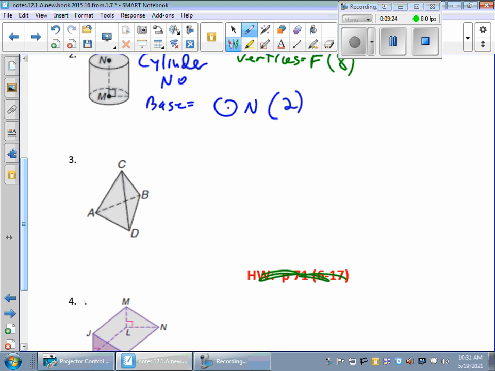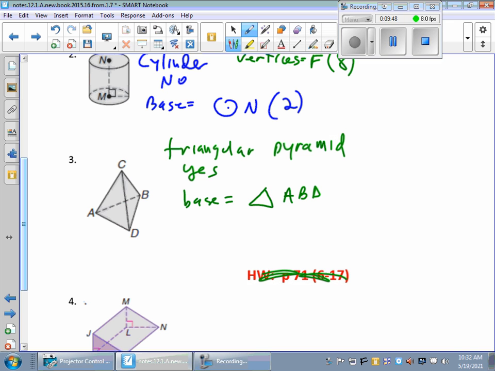Number 3 is a triangular pyramid. That would be yes, polyhedron. We want to know the base in this case. The base is the triangle, triangle ABD.